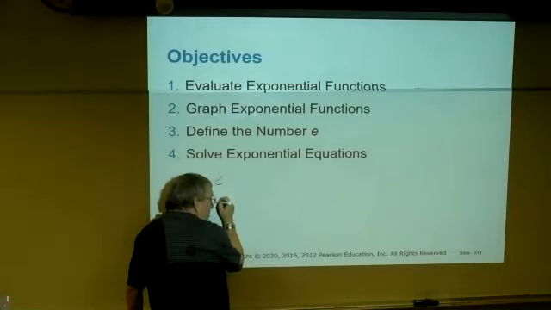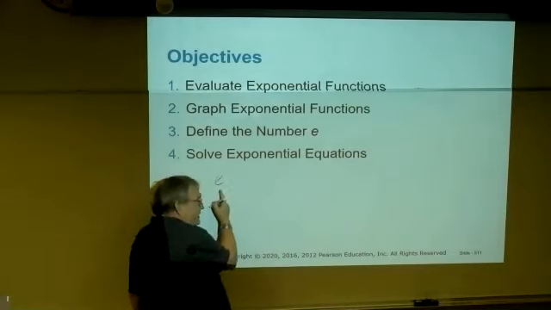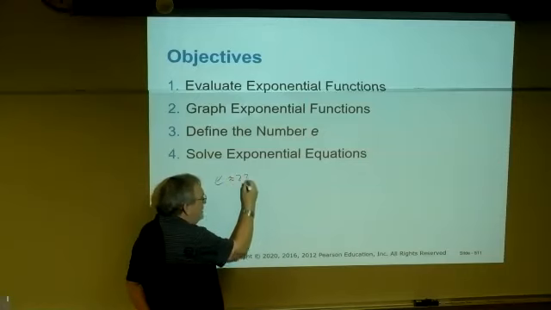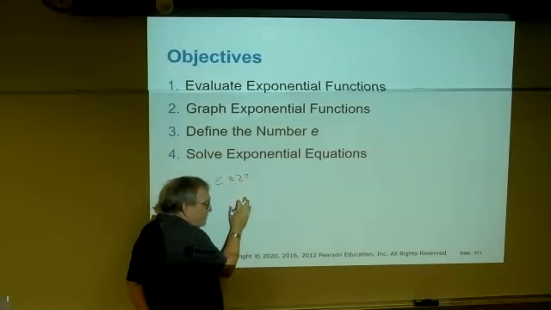E is an italicized e. If you see it in a textbook, the e is italicized. It's an irrational number. It is approximately 2.7. I don't know what it is exactly.